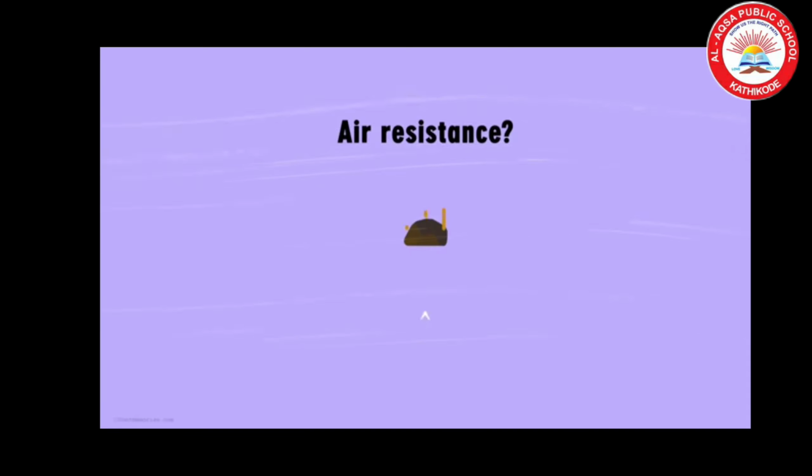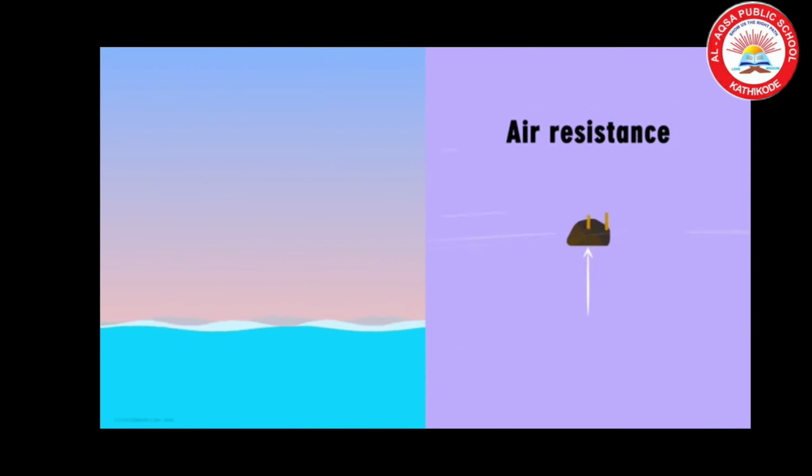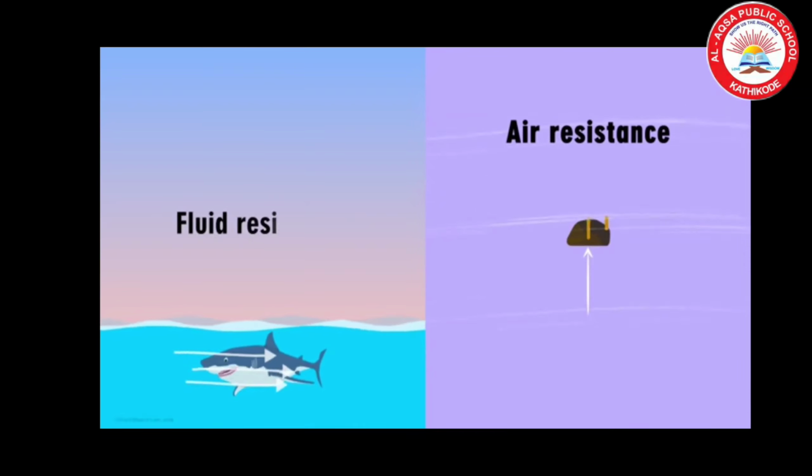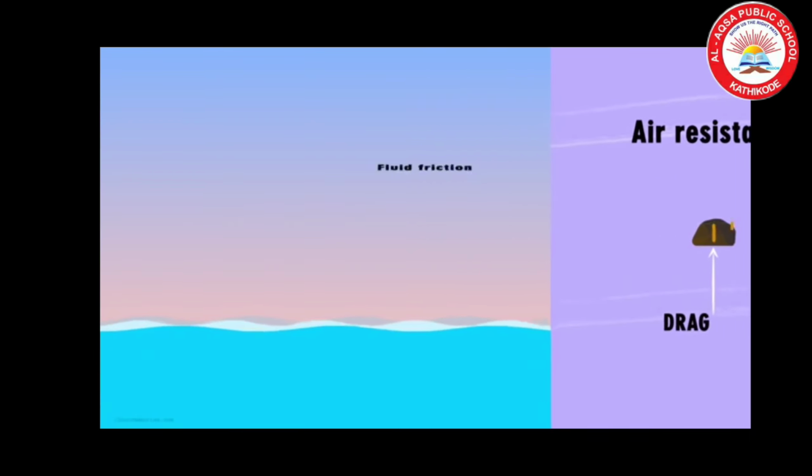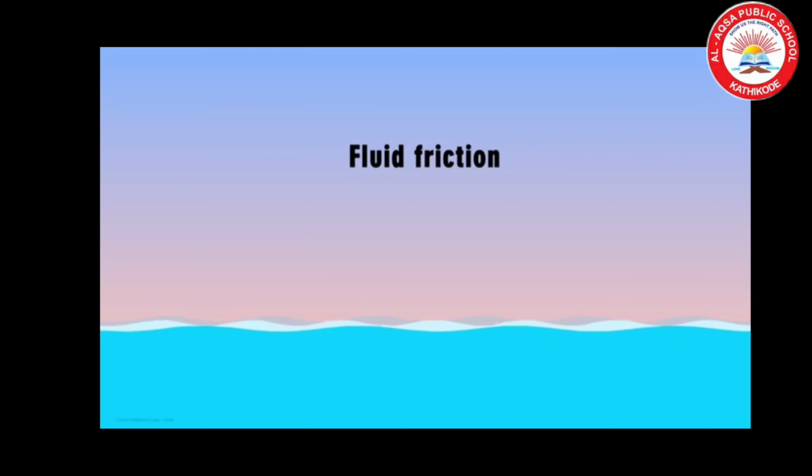That's why comets and all do not enter our earth, because of the friction. They will become ashes. And also fluid, that is water, possesses friction. That's why we have to use a lot of force when we are swimming. These are examples that fluids possess friction.